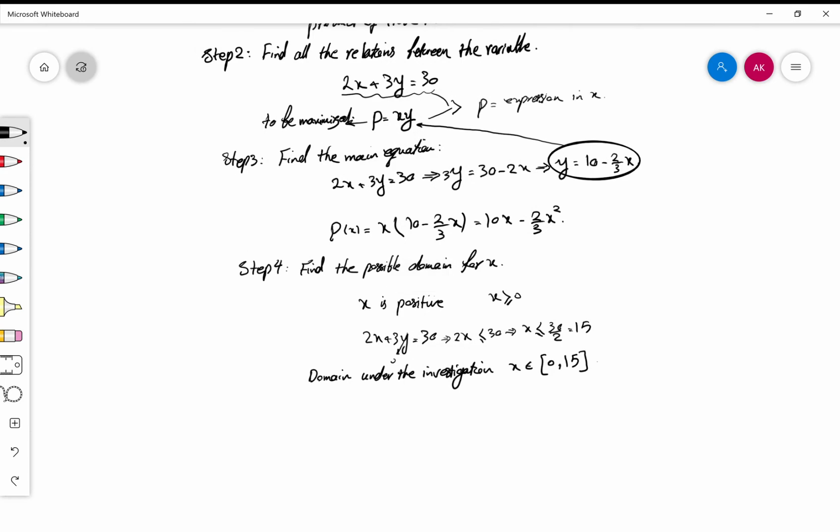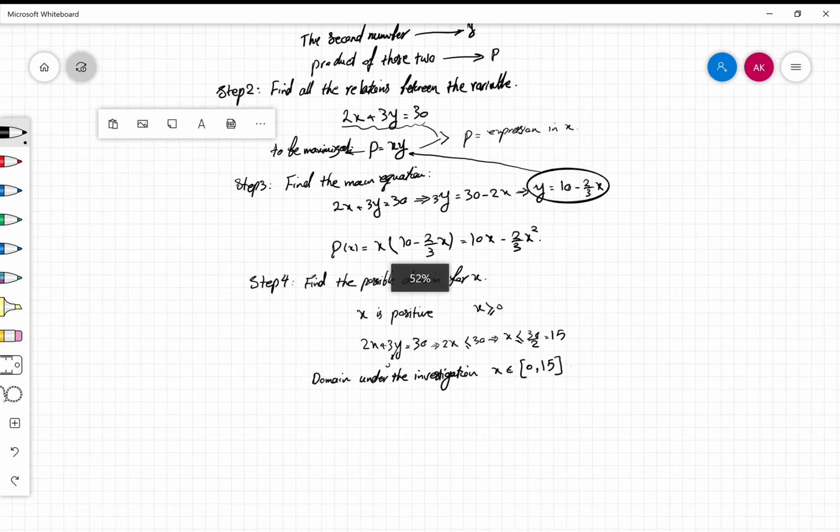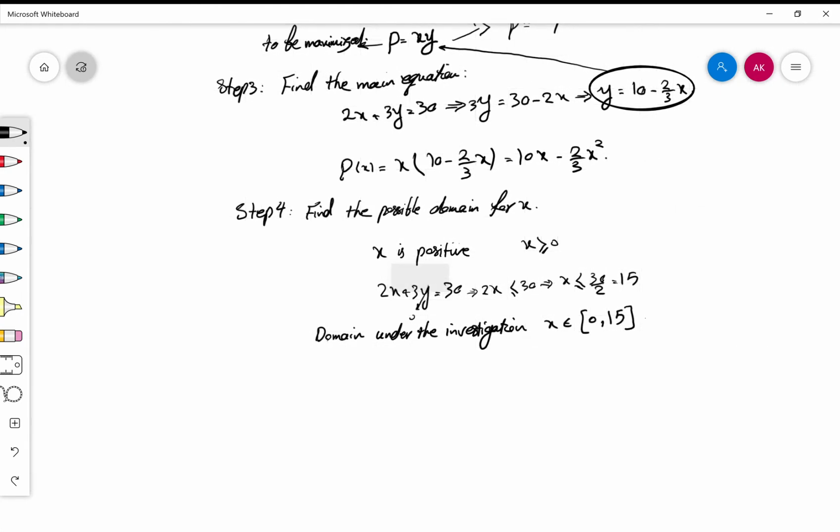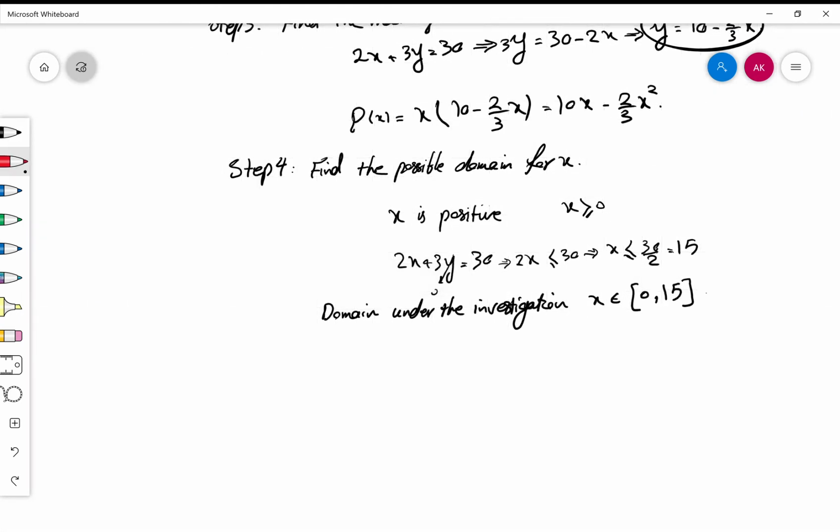We found a function and we want to find its maximum, and we need to use the tricks we know. The first step was modeling. The second step is to find the absolute max value of p.